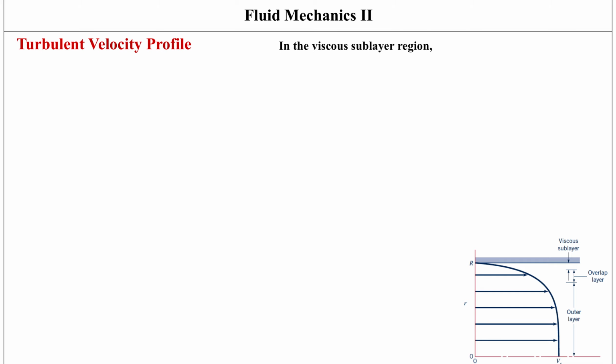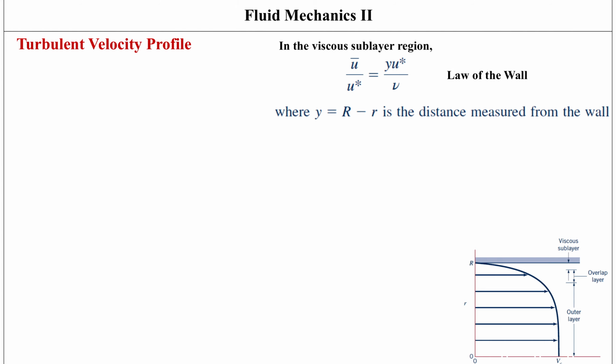And so we find out that in the viscous sublayer region, using dimensionless forms, we can actually relate the average velocity to different terms here. Over here, this y term represents the distance that is measured from the wall, and this u star term represents something called the friction velocity.